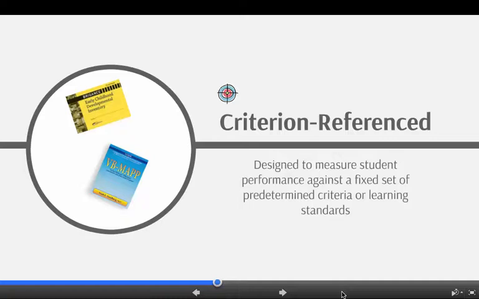So by way of example, if there are particular skills that need to be acquired in order to demonstrate competency in some area, then a criterion reference assessment will evaluate where that person stands with respect to those skills and show you where the strength areas are and also where the deficit areas are. So your responsibility and the clinician's responsibility at that point will be to address the deficit areas so that person can get to a criterion level of performance.